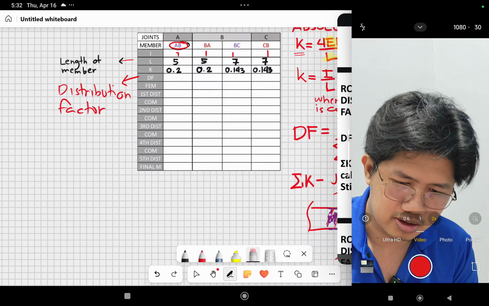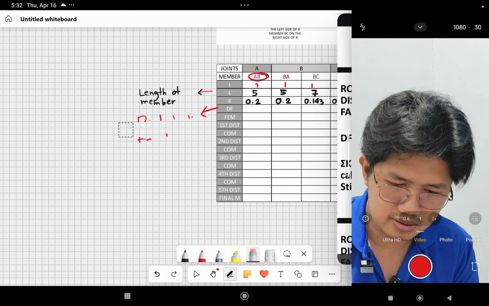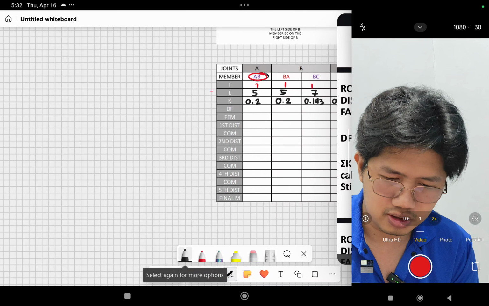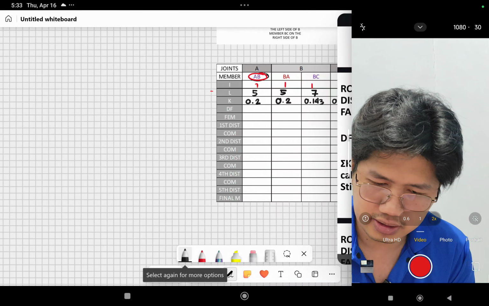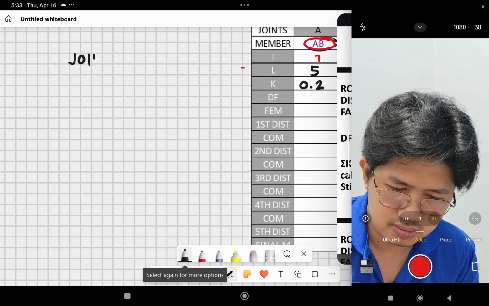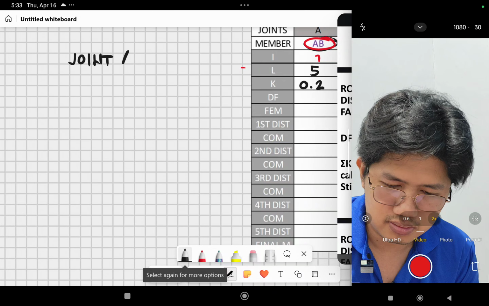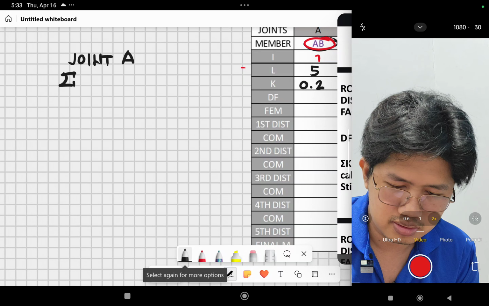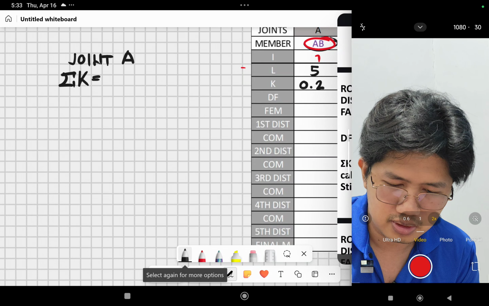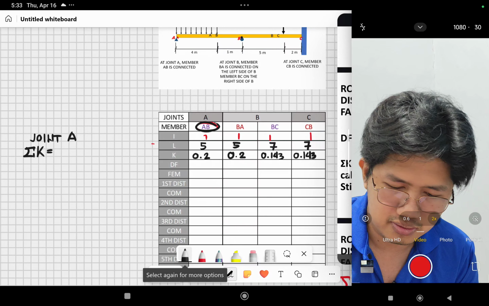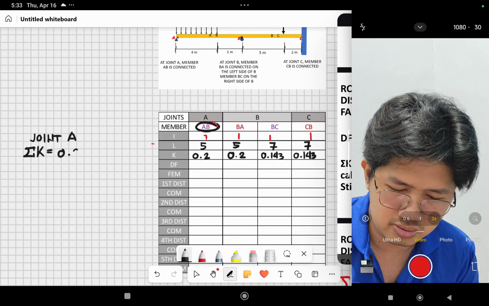I will use another part na lang. Dito na lang. So, for joint A, summation K. So, ano yung mga connected sa joint A? So, una is si member AB, alam natin, which has a stiffness of 0.2.